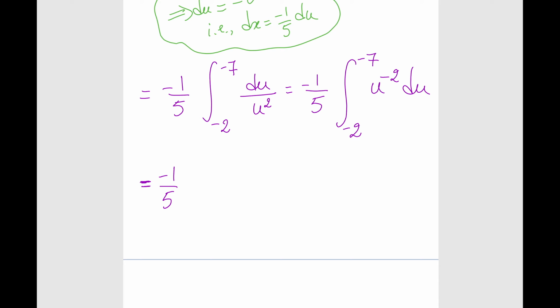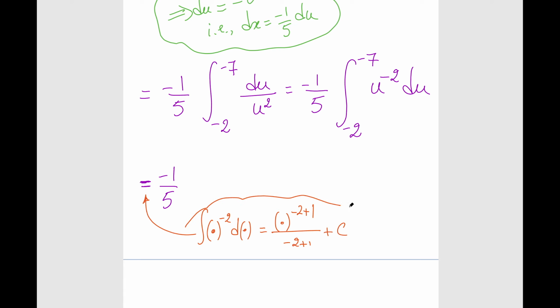Let me write it for you again: the primitive of bullet to the power negative 2 d bullet is bullet to the power negative 2 plus 1 over negative 2 plus 1, plus c. Makes sense? Obviously this minus 2 can be replaced by any number different than minus 1.